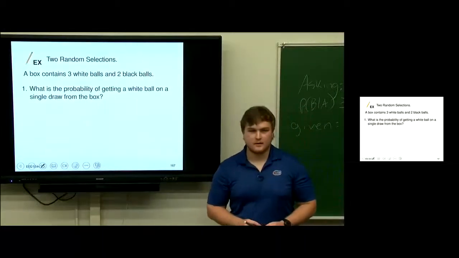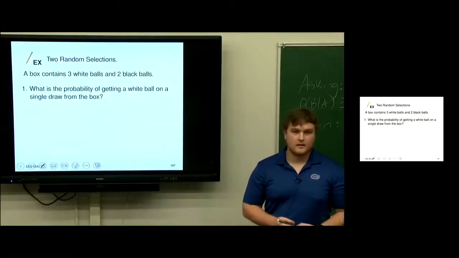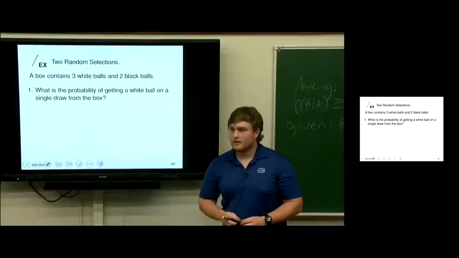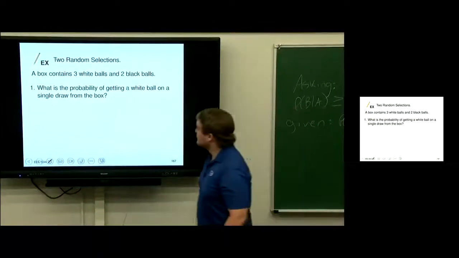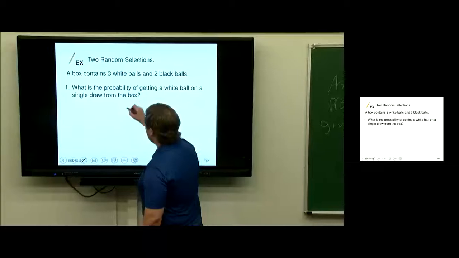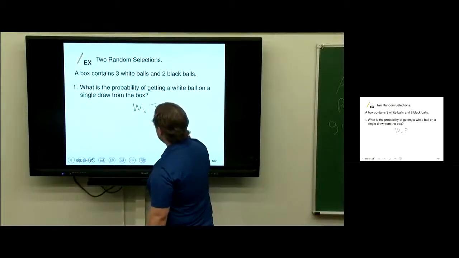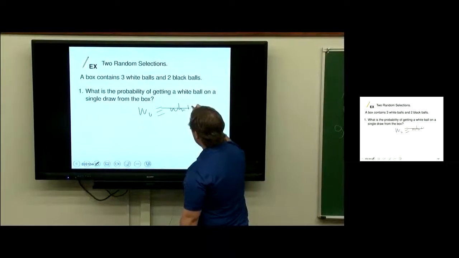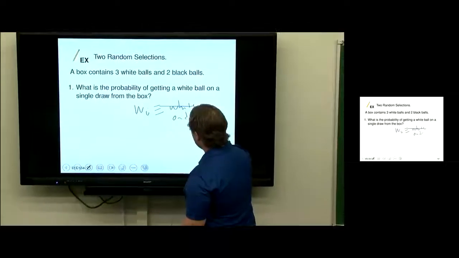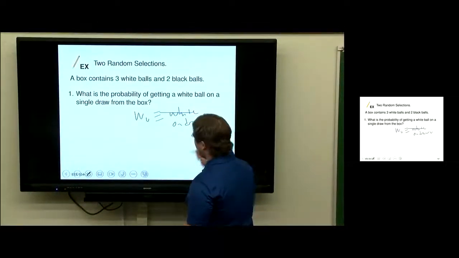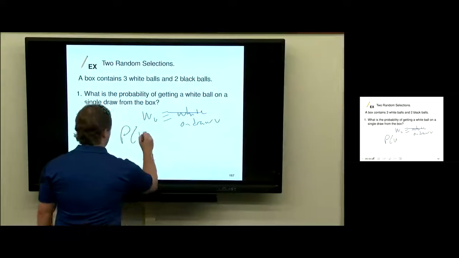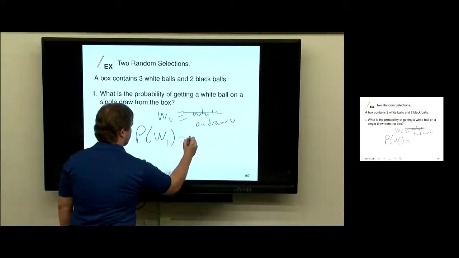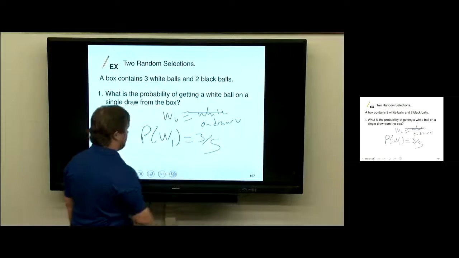Raise your hand. 3/5. Yes. So let's denote Wi as the event that I get white on draw i. So the probability of W1 equals 3/5, as that gentleman said in the back.